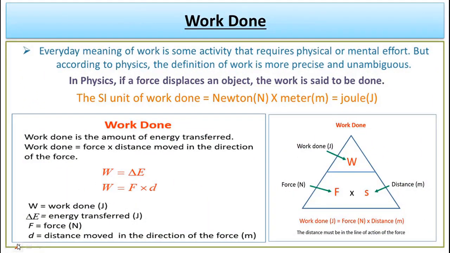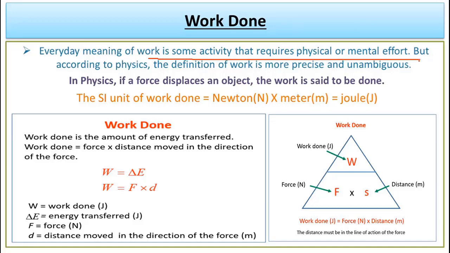When we study about energy, we need to understand work done also. I will make a separate video related to work done. But now you just remember what can be said for a work done. In common day-to-day life, we can say work is any kind of activity that requires a physical or mental effort.